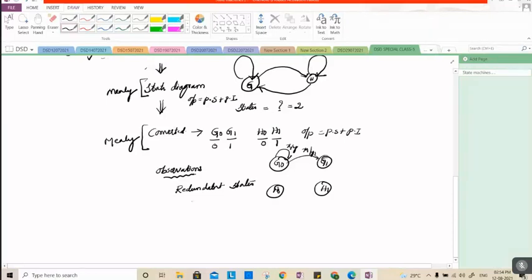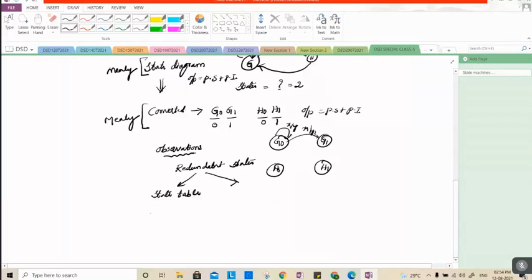Now, redundant states can be noticed in two ways. The first is in the state table, we can see it. In the state table, for a particular state, next state plus output, these are the same for another state also.